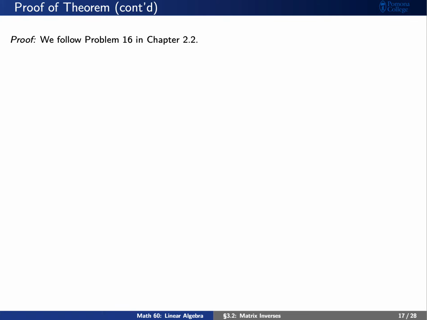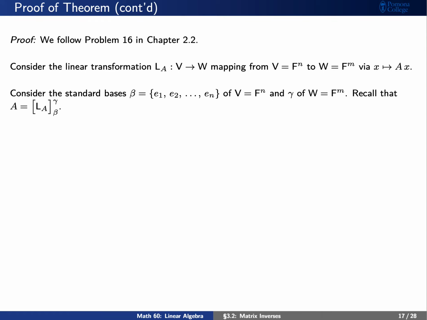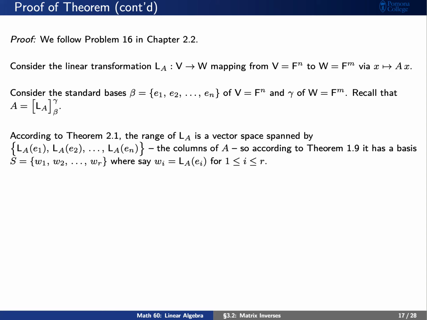Let's consider a linear transformation L sub A that comes from left multiplication by A. If we let beta and gamma be the standard bases, then remember that our matrix A can be recovered as the matrix representation of this left multiplication by A. We know that the range of left multiplication is that vector space spanned by the columns of A. Since we have a spanning set, let's perhaps change the notation if necessary and just look at the first R elements, because R is the dimension of our space.